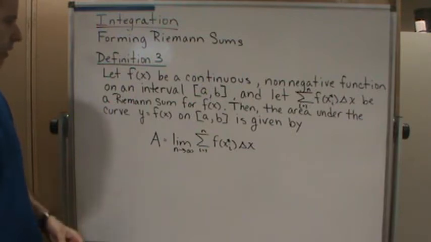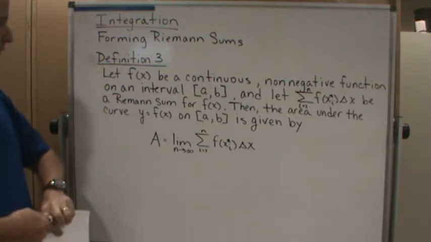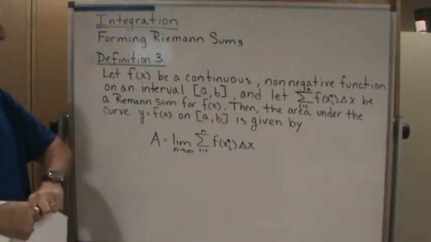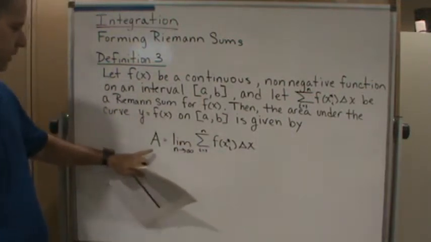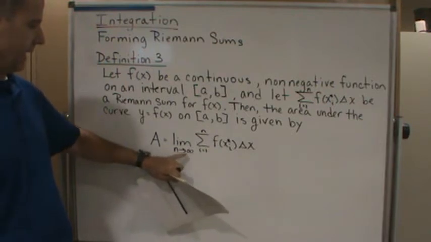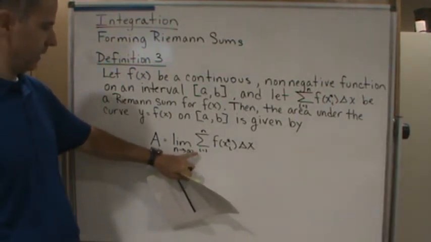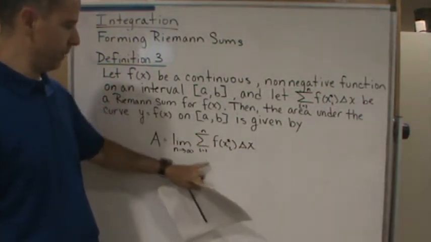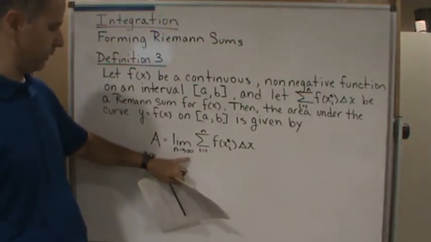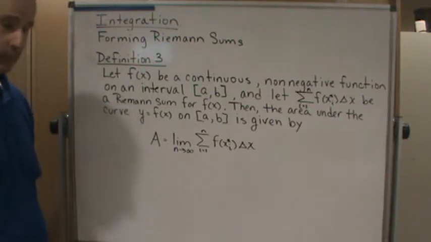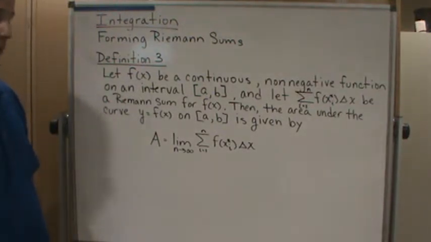Then the area under the curve y equals f of x on the closed interval [a, b] is given by this limit: the area A is equal to the limit as n approaches infinity of the Riemann sum. And this will give us the area under the curve on a closed interval from a to b.